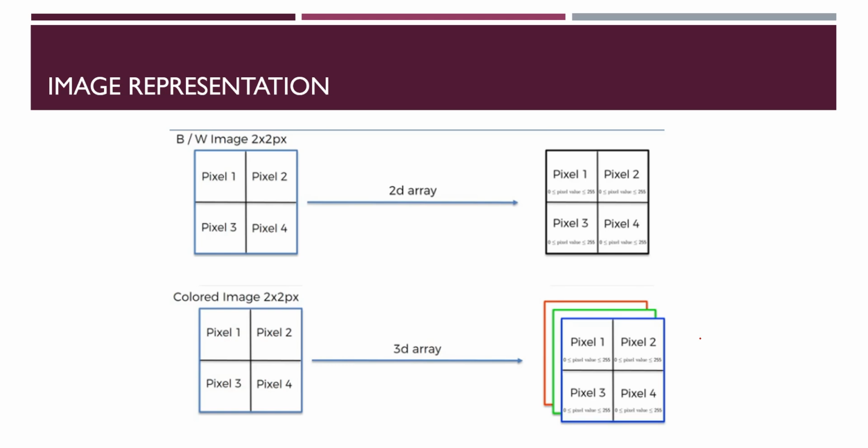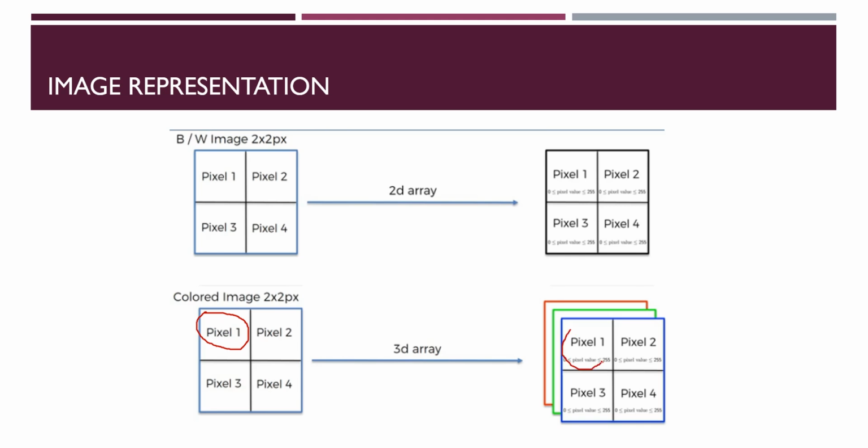It will be a 2D array, and if you're going for a colored image, then the representation will have the same 2D array replicated among three different channels. For example, pixel 1 in a colored image will have a representation in the red channel, in the green channel, as well as the blue channel.